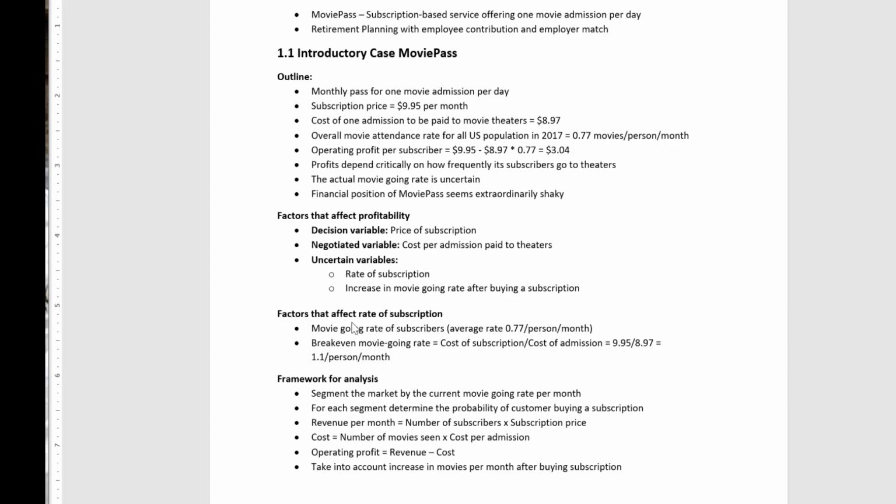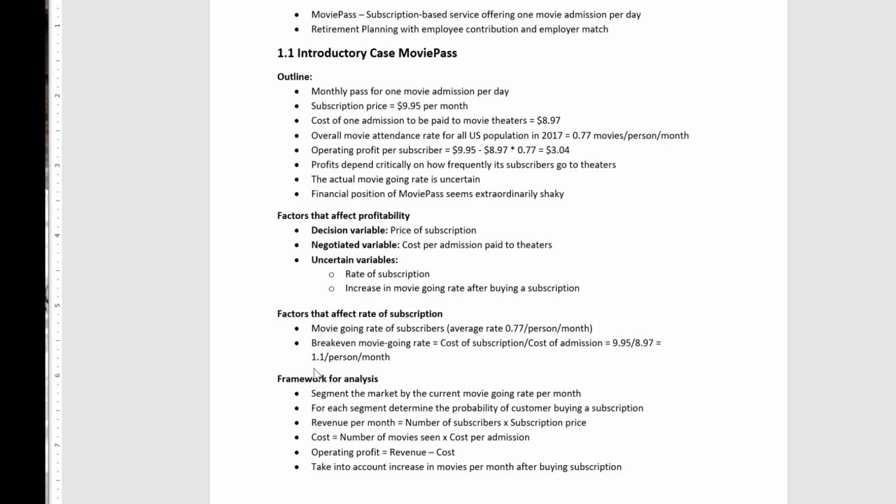Now, the factors that affect the rate of subscription, of course, is the current movie going rate, and 0.77 is the average. Okay, and the second factor that will definitely affect is the break-even movie going rate. At this point, the subscription price is $9.95 and the cost of admission is $8.97.